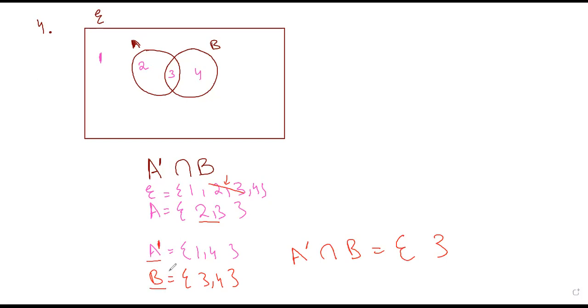Yes, in A complement intersection B we will have 4. So which will be the shaded region? This 4 only. Right? Is it clear now? Yes, ma'am. Okay, obviously we will discuss more examples in the next class, so don't worry about that, but is everything clear?